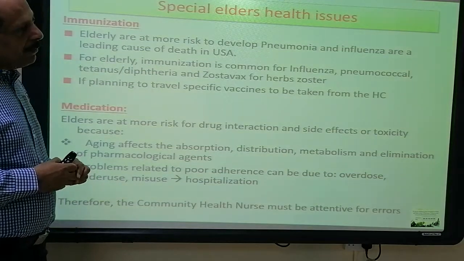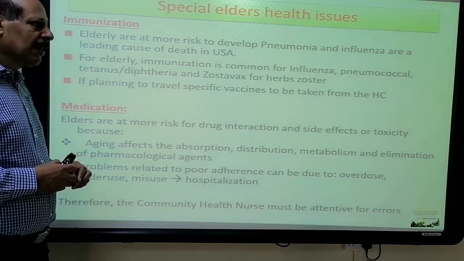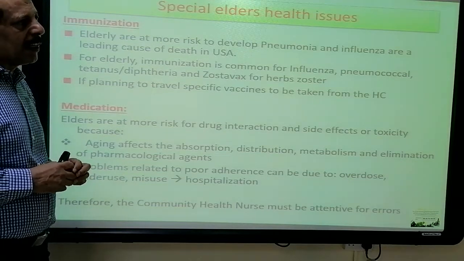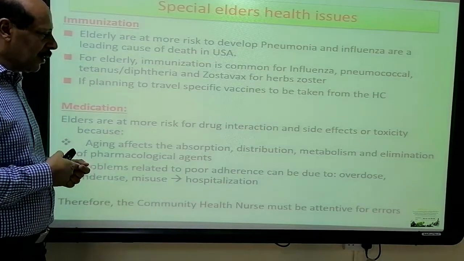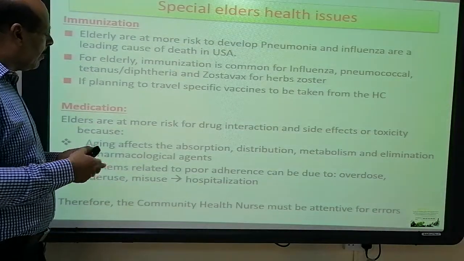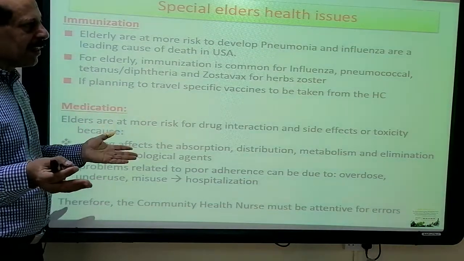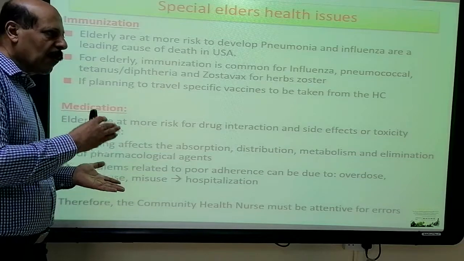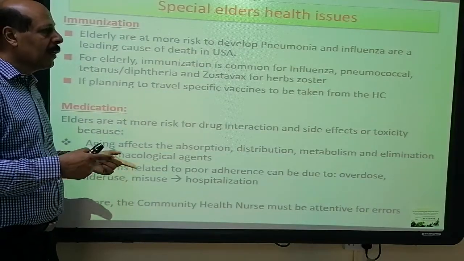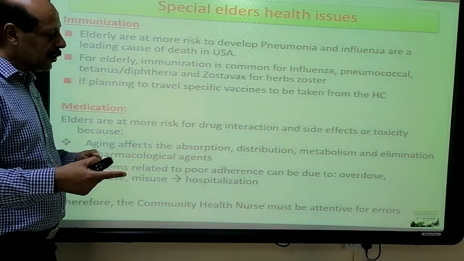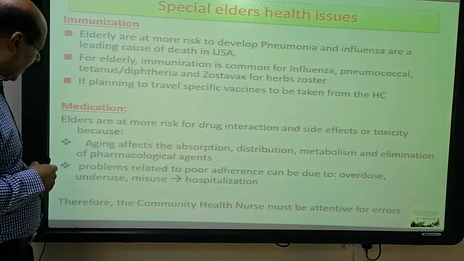Sometimes they might forget to take the medication. Sometimes they might think that they did not take their medication, so they might take another dose of that medication. Either if they are taking more or if they are not taking the medication, in this case it might lead to aggravation of their condition, and it will end with hospitalization.